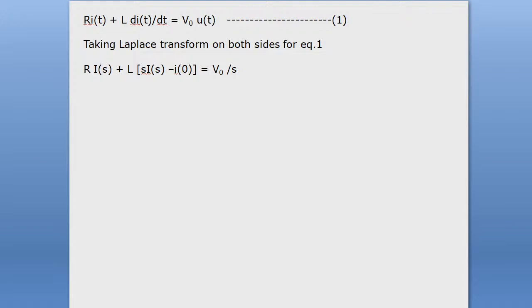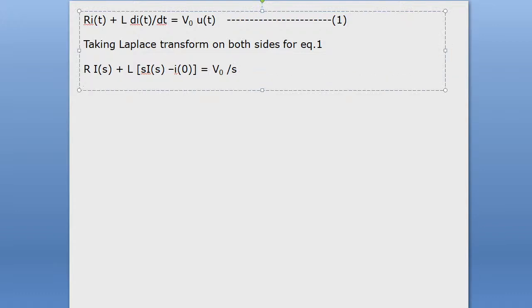But in this case, we have considered the frequency domain concept by using the Laplace transform because it helps us to calculate the response of a circuit easily without any rigorous calculation. So we obtain the Laplace transform of this equation.